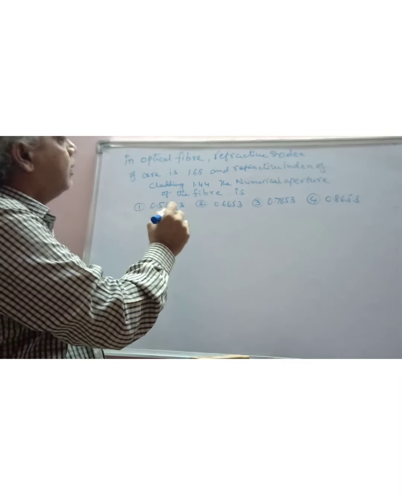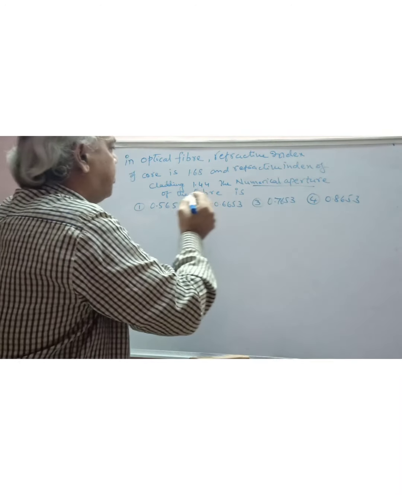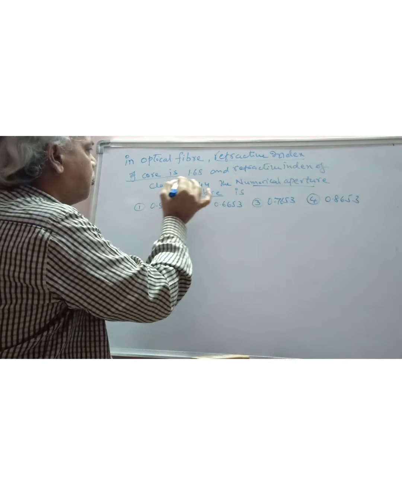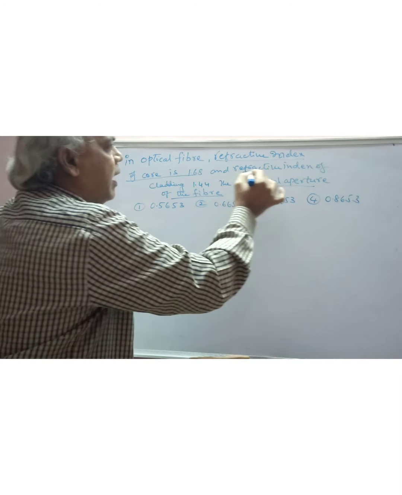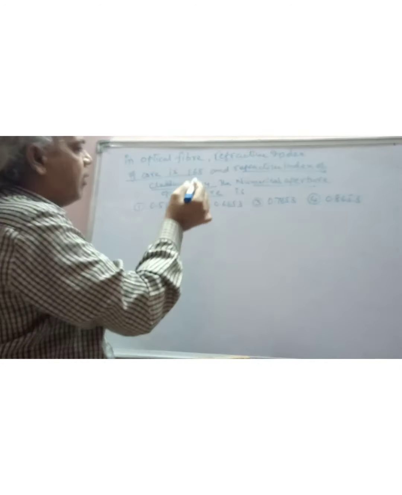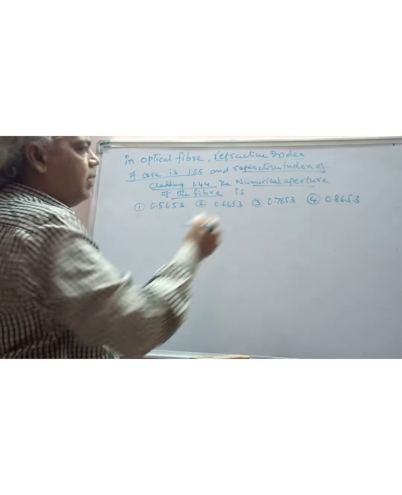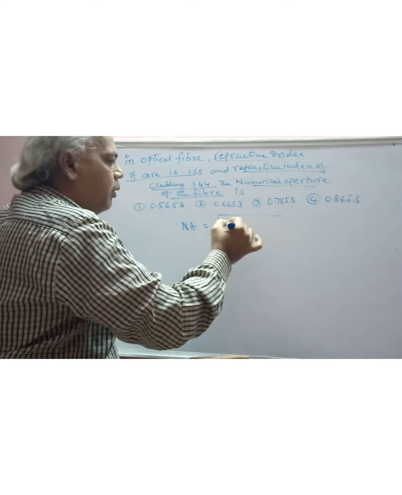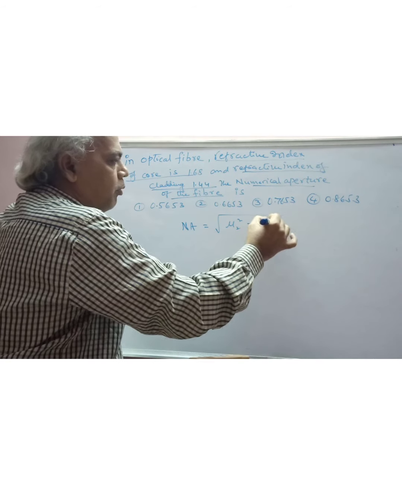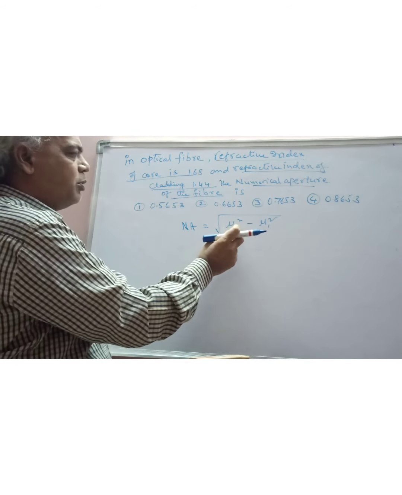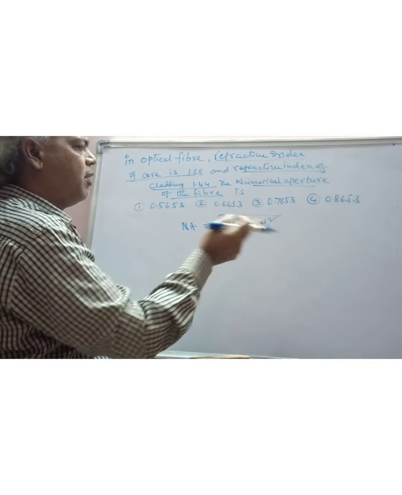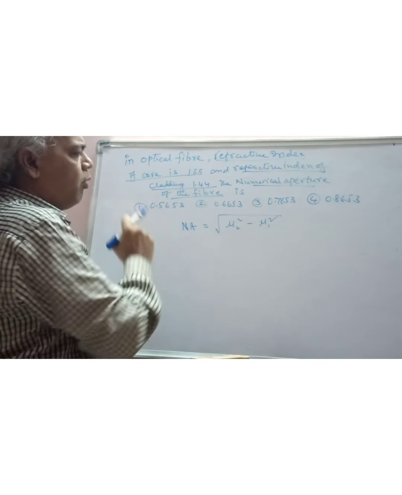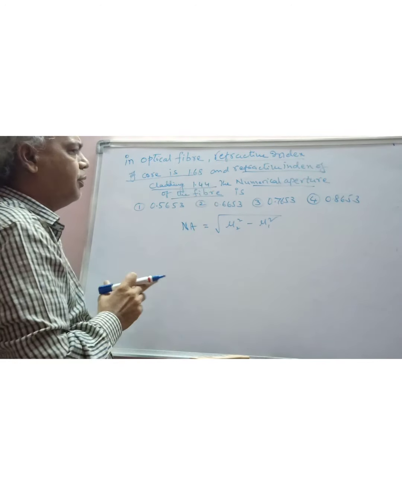In this problem, it is asked to find the numerical aperture of a fiber. Here, the refractive index of core is given as 1.68 and the refractive index of cladding is given as 1.44. Then asked for the numerical aperture. So numerical aperture NA is equal to root of mu 2 square minus mu 1 square, where mu 2 is the refractive index of core and mu 1 is the refractive index of cladding.